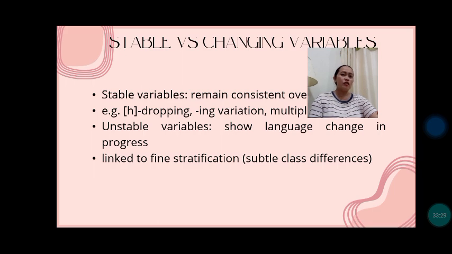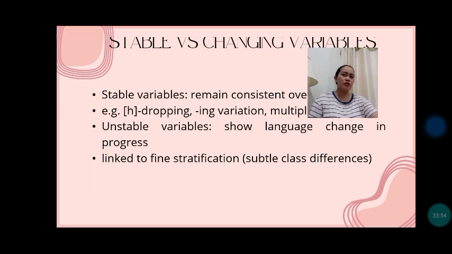For pronunciation, features such as H dropping or R pronunciation are used as indicators of social background. Studies in Britain and the United States show that lower social classes tend to use more vernacular pronunciation forms, while upper classes use more standard forms.